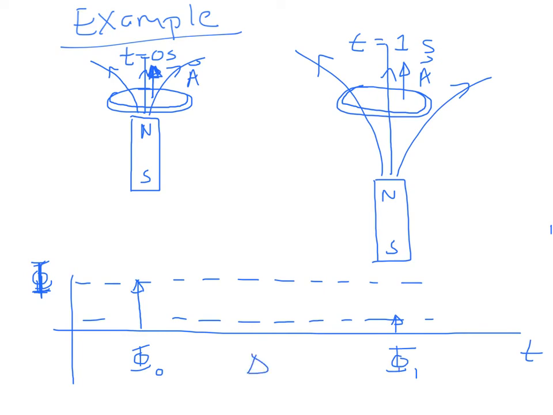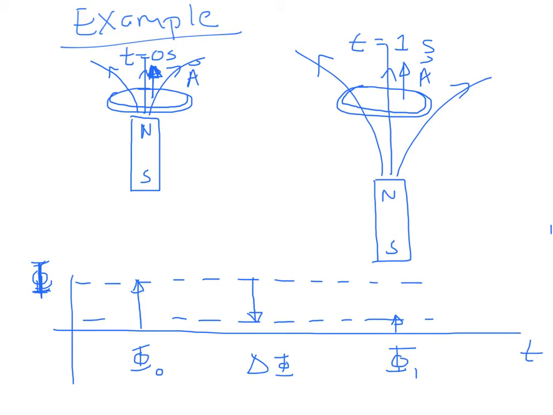The change in flux, of course, must be a negative number to get the flux to go from its initial positive value to a smaller positive value, right? So the change in flux is negative.